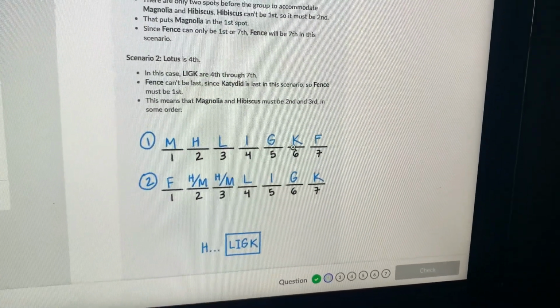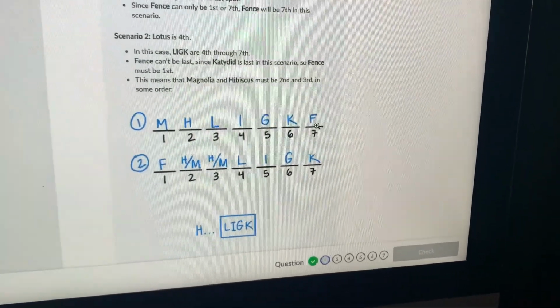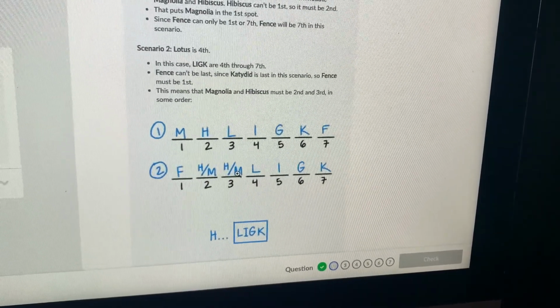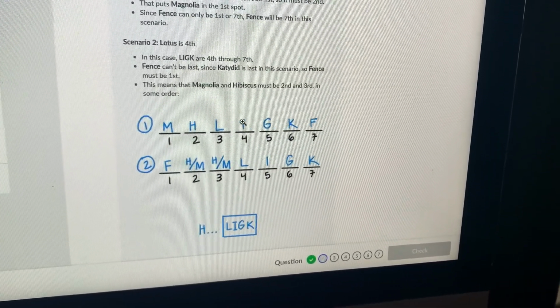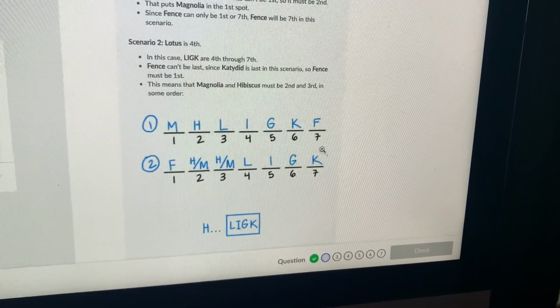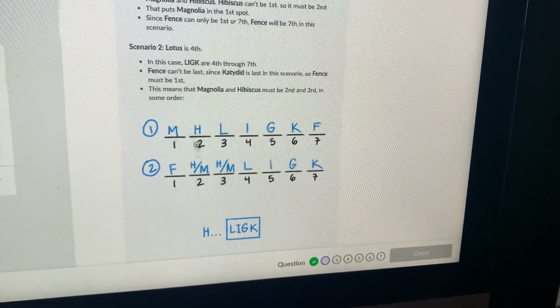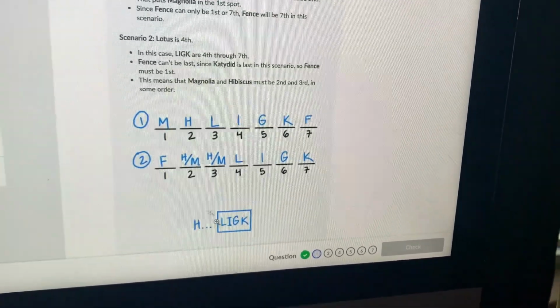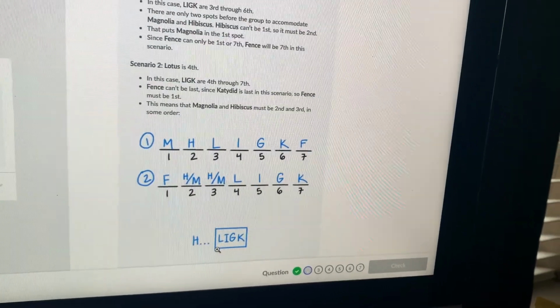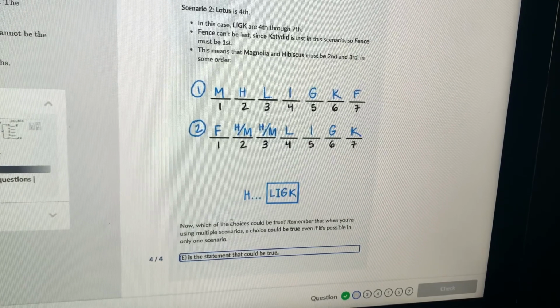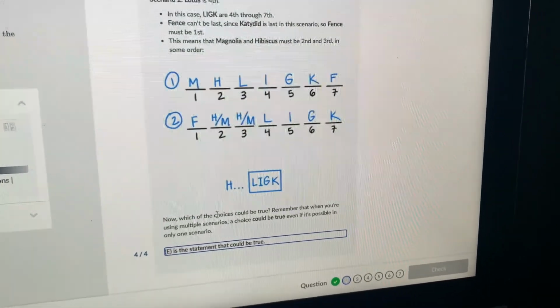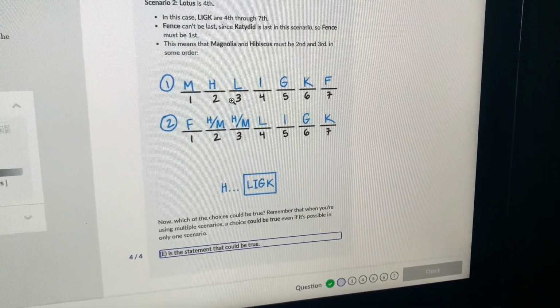And so they basically put F as 7th and F as first, and rework the middle parts given those different scenarios. They found the common denominator of what was where. The statement that could be true is M must be third.